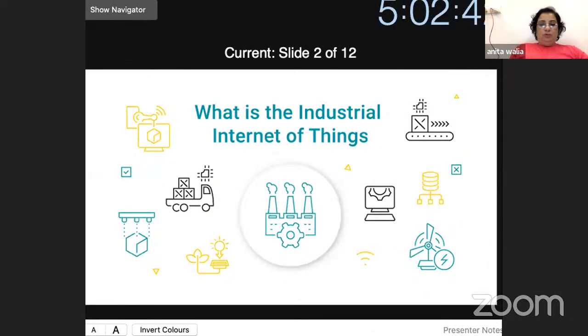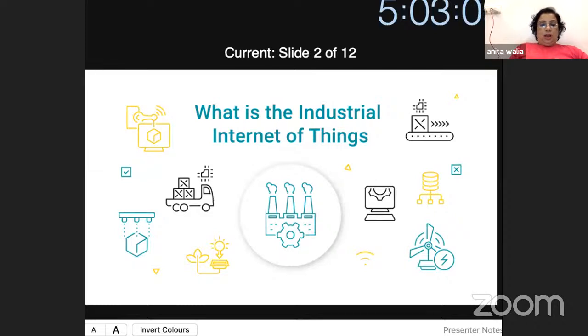As I already told you about Industry 4.0, you take any industry, whether it is logistics, oil and gas, transportation, mining, or aviation, any sector you take, students, the Internet of Things is going to get applied in all these different sectors of the industry, in manufacturing units.